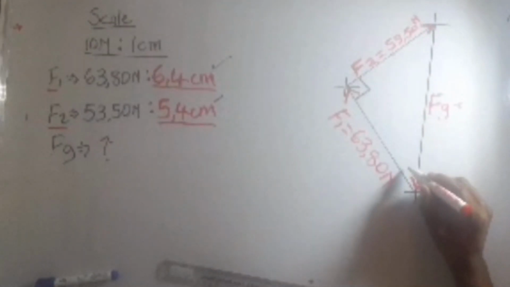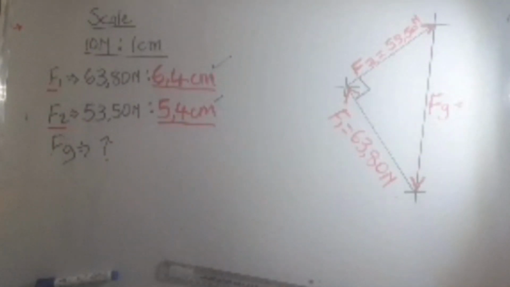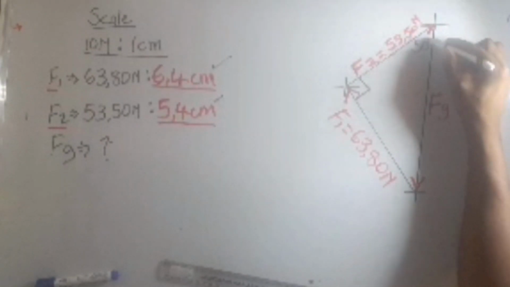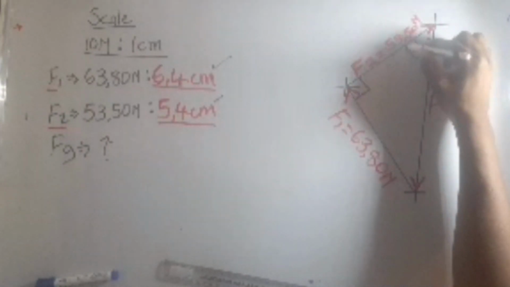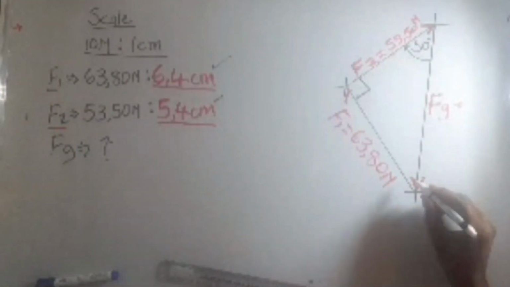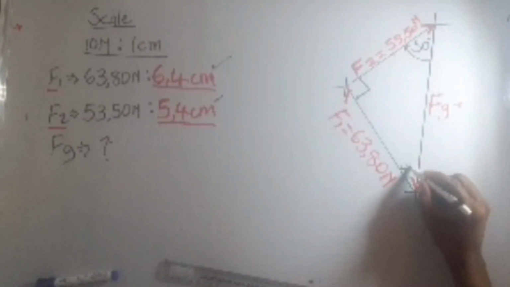So this angle there, remember we didn't indicate our angles. So this one we said it was 50 degrees. This one is 90 degrees. And this one is 40 degrees.